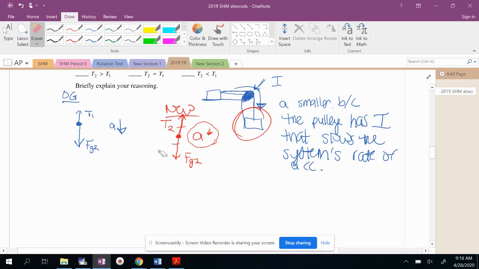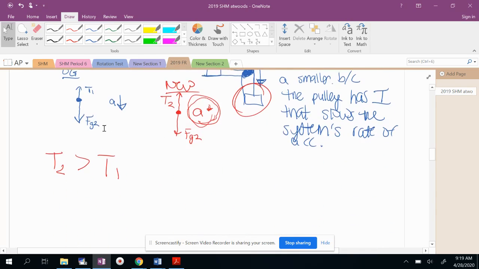We're not saying that they are the same. We're saying that the acceleration is so small. So instead of these being the same, this one's just going to be closer to the size of FG2. Okay, so that means T2 must be greater than T1 based on what I just said, because this acceleration is smaller.